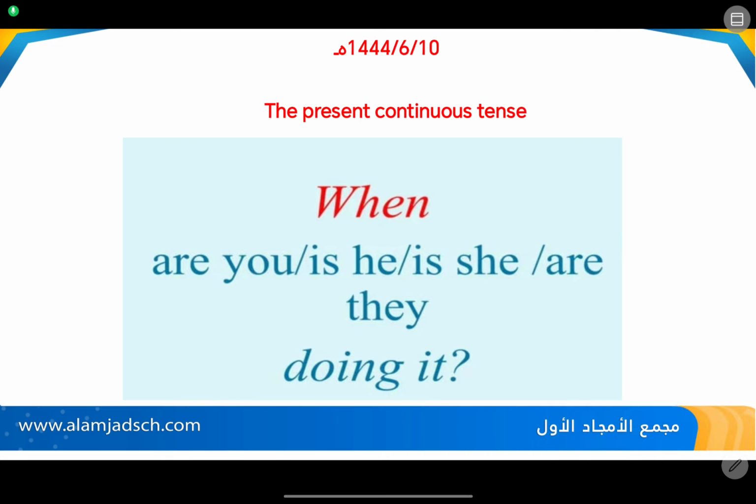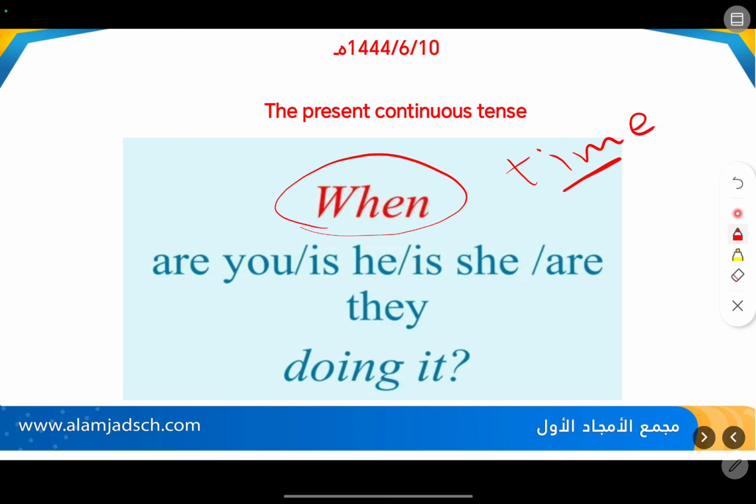At this page we will learn how to add the WH words or question words to the present continuous tense questions instead of answering yes or no. For example, here we have are you, is she, or are they doing it. Here we want to add a question word. For example, when. What does it mean? When is asking about the time.